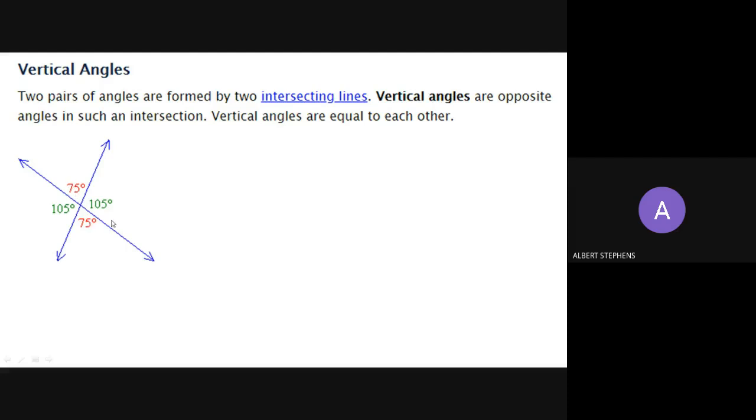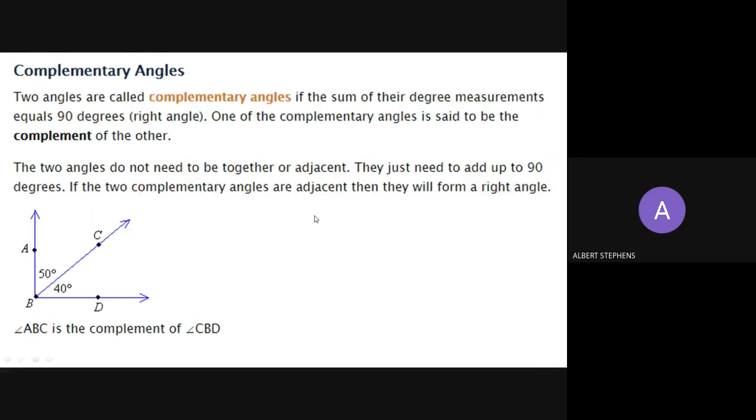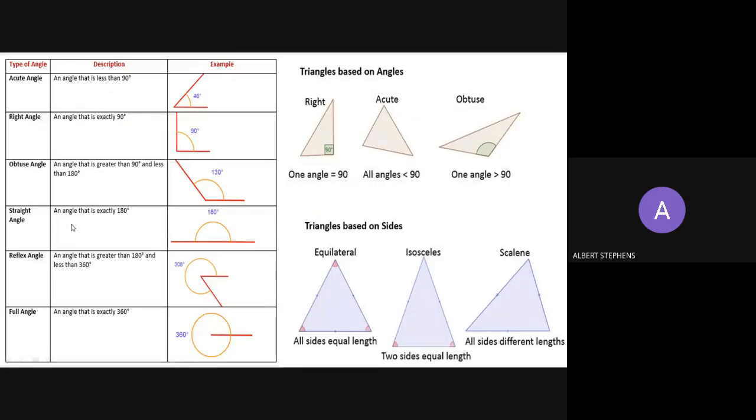All right. Can someone tell me how you think we got 105? Sir, I guess you add up 75 again. Because they are straight lines. It's a straight angle, right? So if you have a straight angle right here, a straight angle measures what? 180, right?